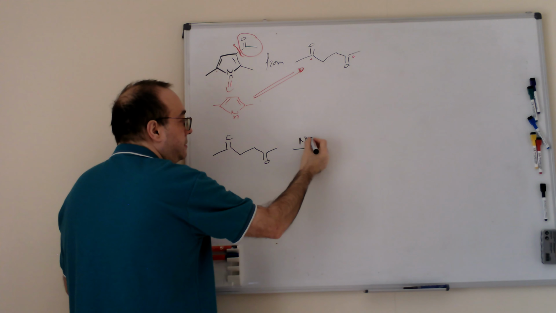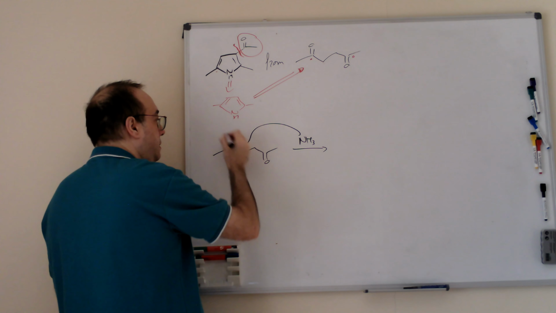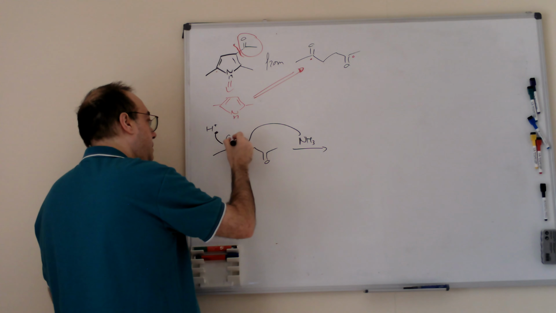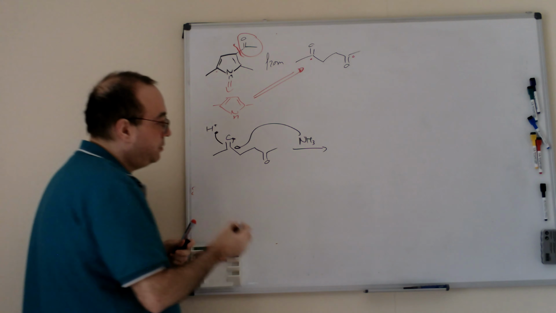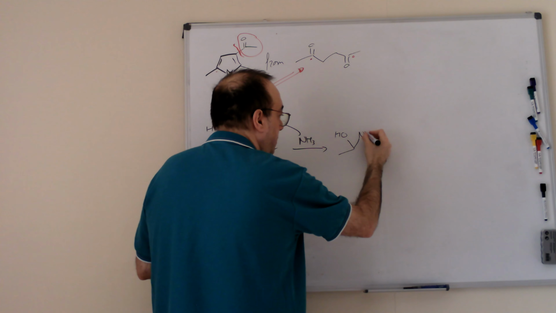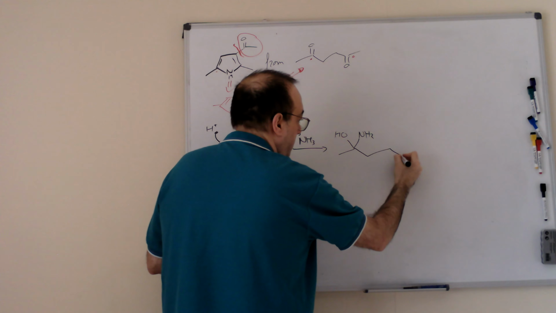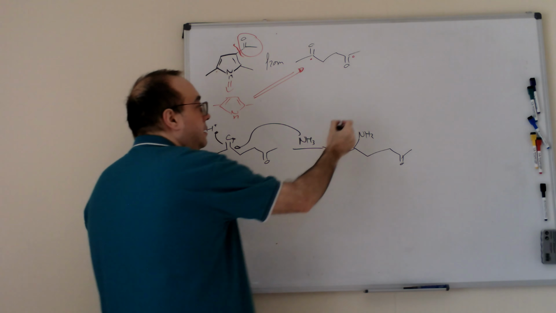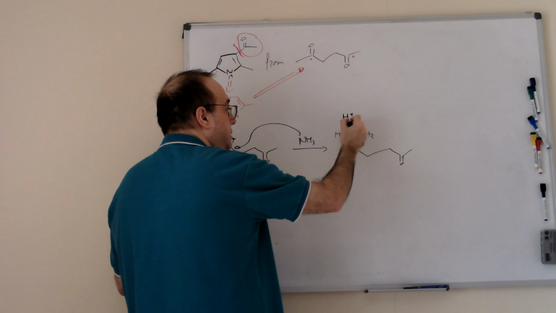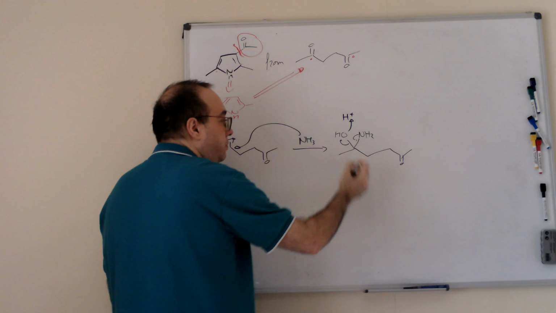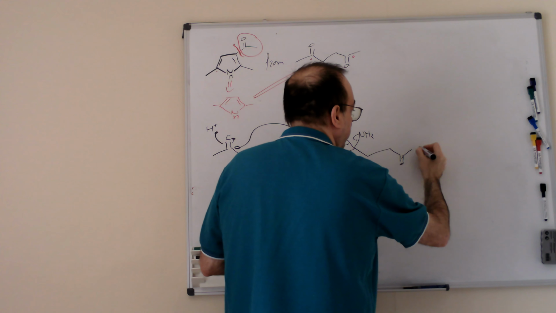We add ammonia. Remember that this was a little acidic. What we will get first is the hemiaminal, which is protonated, and we eliminate the water to form the imine.